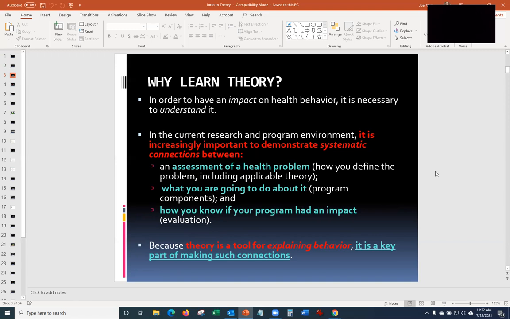At the same time, we can use such measurement to understand when we apply these theoretical constructs in our programs and our interventions, if we're seeing changes in those things. If we see changes in those things, for example, if someone's self-efficacy is increased as a result of a program or intervention, we should be able to measure that.